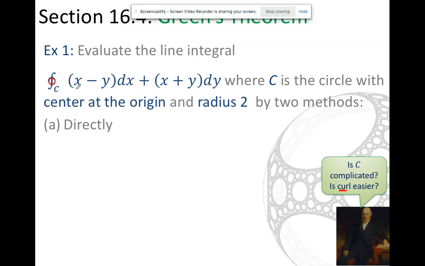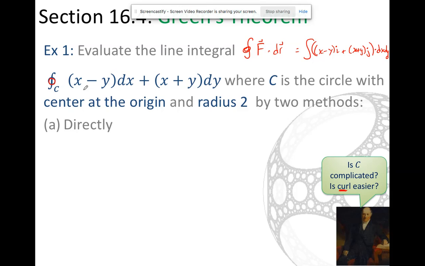Because as you can see, now remember what this came from. This originally looked like this. Right, this was x minus y i and x plus y j, all dotted with my motion.